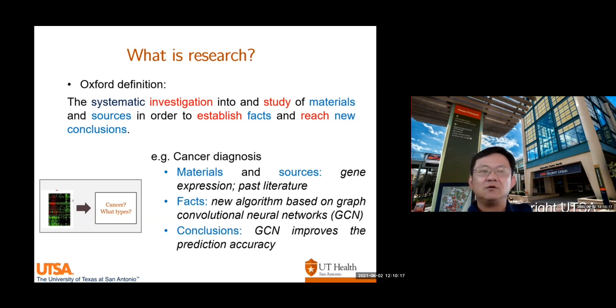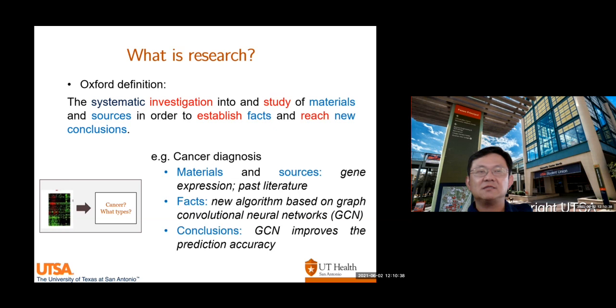Okay, so I want to point out that in scientific studies, so when I say scientific study, I really mean the area of study that concerns, for example, biology, physics, this type of science-related studies.